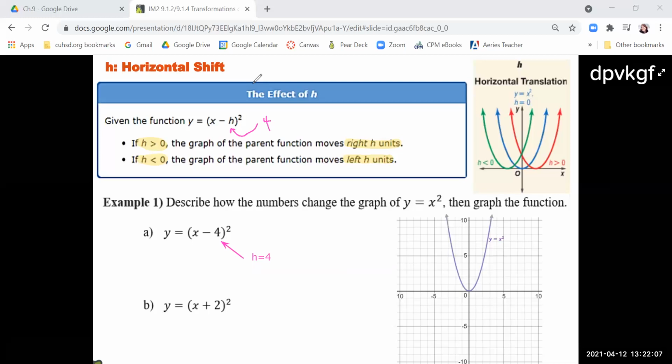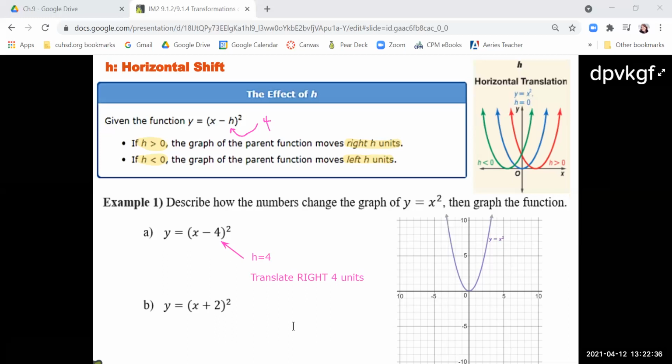So if it looks like minus inside, it will be a positive h value. It's the opposite. And what this tells us then, since h is 4, is that we're going to translate our graph of our parent function to the right 4 units because our h is positive. It looks negative, but it's positive.